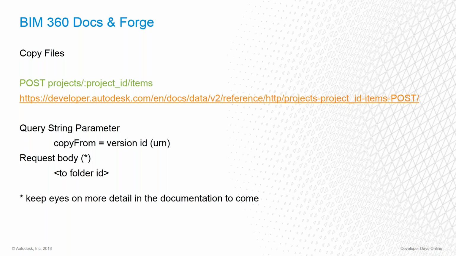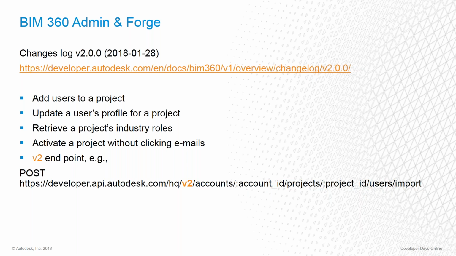On the admin side of the APIs, there is a change log. This is already documented. There is a version 2, and you can add users to a project, update a user's profile, retrieve the project industry roles, and activate a project.